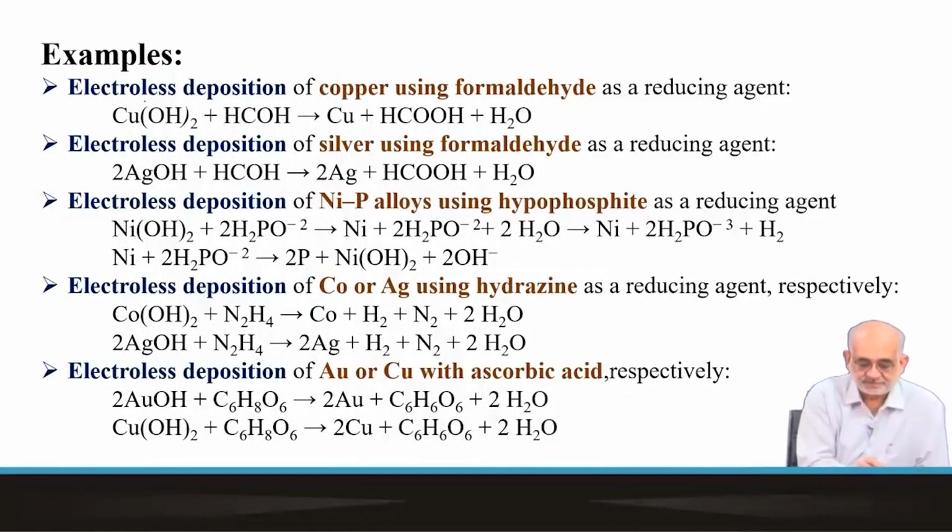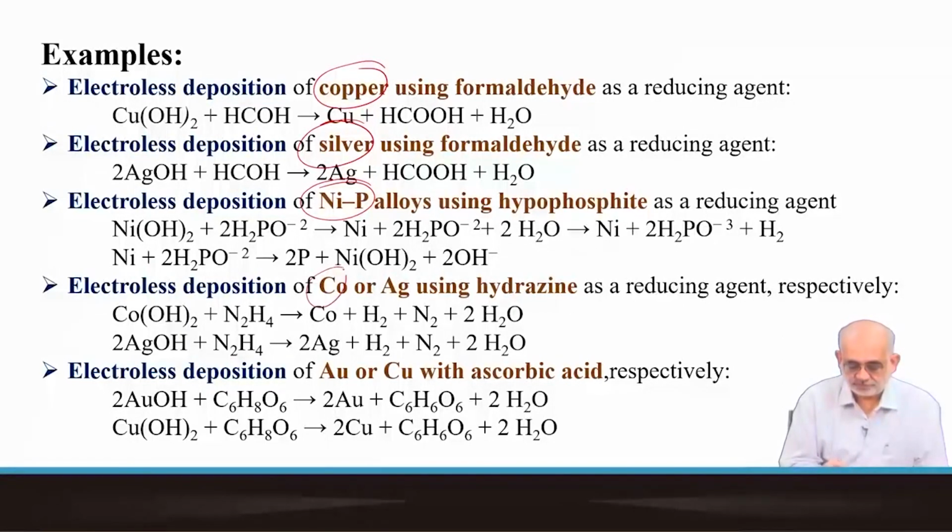So these are the examples of electroless deposition. Let's say with copper, this is with silver, this is with nickel or nickel phosphide or nickel phosphorus, or this is for cobalt or silver, and this is for copper or gold. So in all the cases, the reducing agent that we use are different.